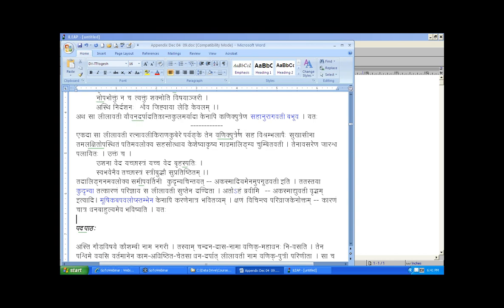Then he says, there are some words here which I like, using the sandhis for them. Ekada, sa leelavati, ratnavali, kirana, kubera, kirana kubere, somebody who is a rich person.